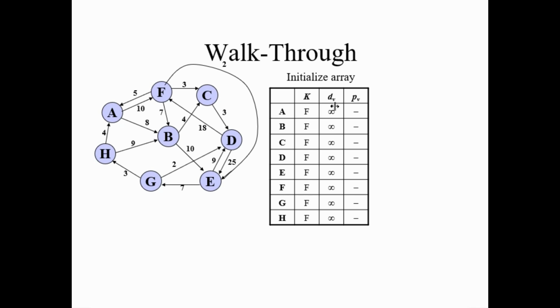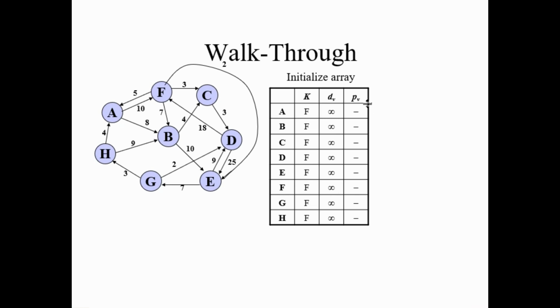Then the next column represents the distance from the starting node to that particular node. For example, the distance from G to A will be represented here, whether it is direct or indirect. Initially all these distances will be marked as infinite, while the starting node has a value of 0 instead of infinite.